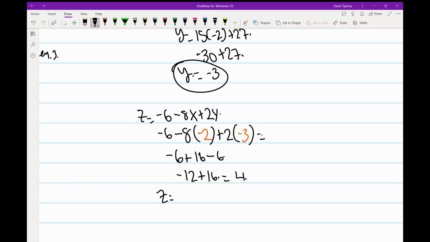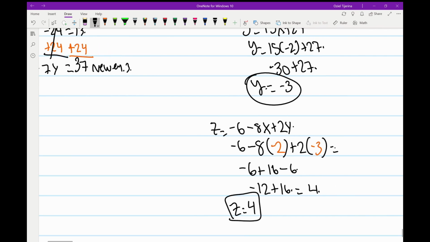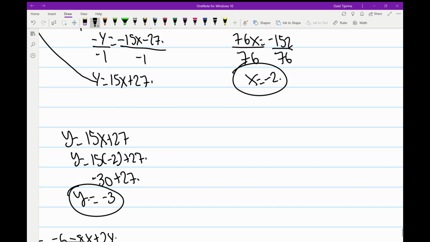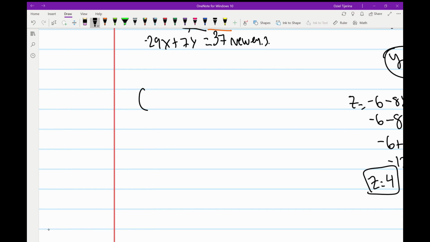So z equals 4. So your solution is, and make sure you always put your solution in coordinate form, negative 2, negative 3, and 4. And that is your answer for this one.